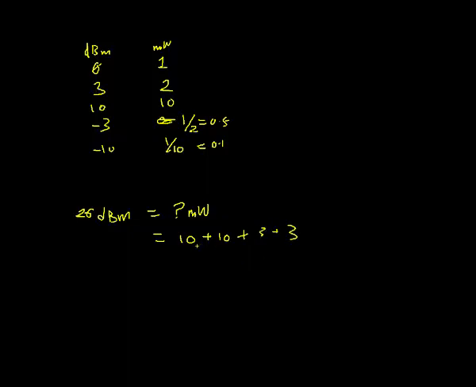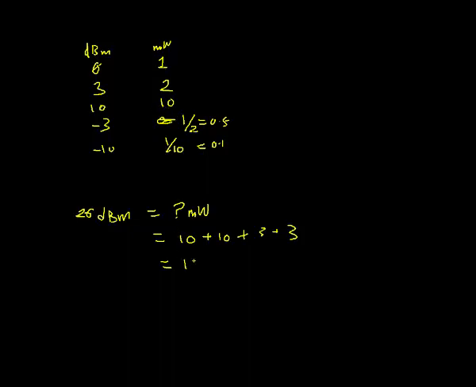All of these are dBm, and I want to convert the dBm to milliwatt. When I convert to milliwatt, 10 dBm is equal to 10 milliwatt.